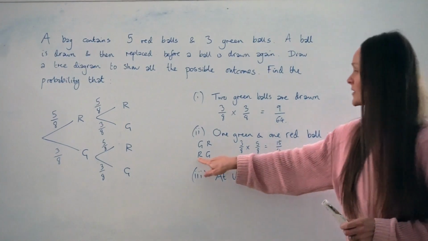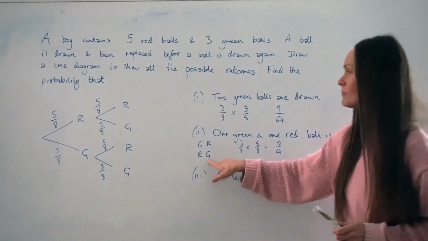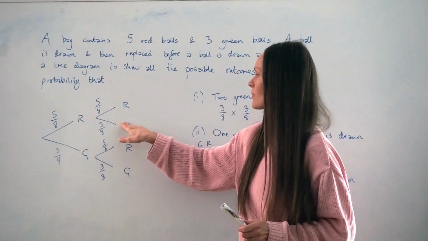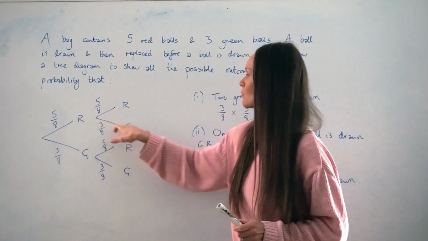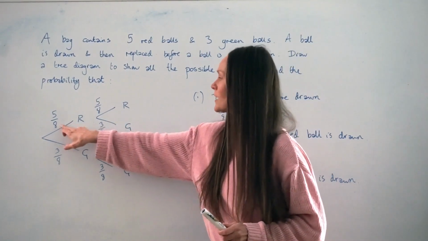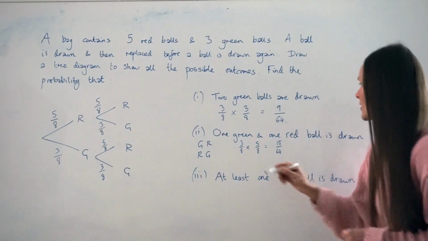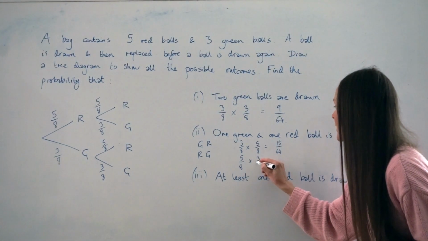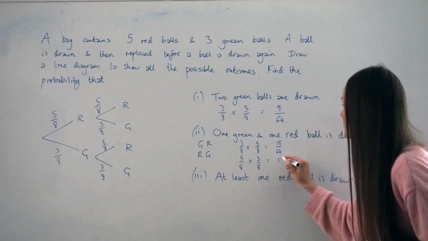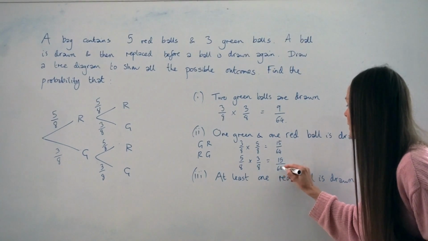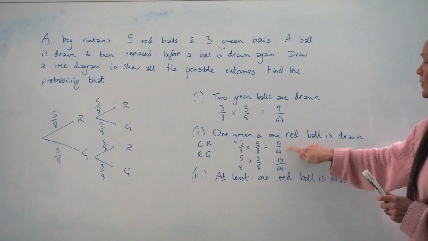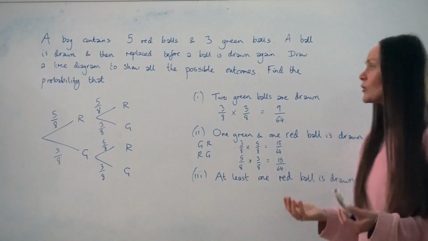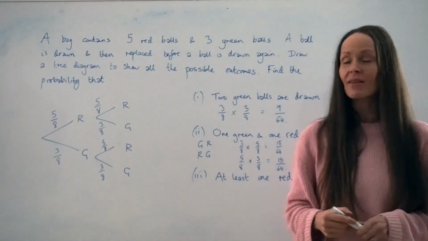Then if we look at the other scenario, a red ball followed by a green ball, this time we're going to follow this route in the tree diagram, okay? Red followed by green. So we need to multiply 5/8 by 3/8, okay, which is actually going to give you the same answer. Okay, because they're the same fractions, just the other way around. So it's 15 out of 64. Okay, so we've got our 2 same probabilities for these 2 different scenarios. What you have to do afterwards is add them together, okay?